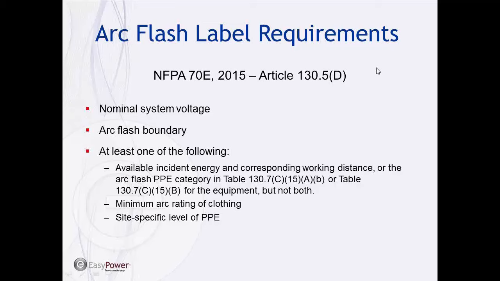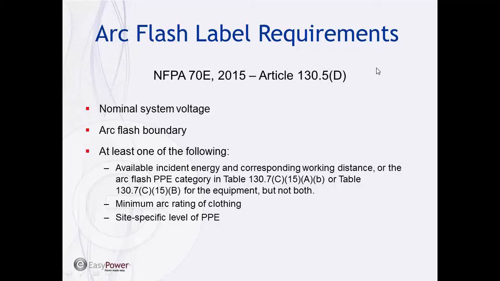That is if you're using the software to calculate your incident energies, or if you are using the tables in 130.7(C)(15)(a) or (b) to determine what the PPE category is.